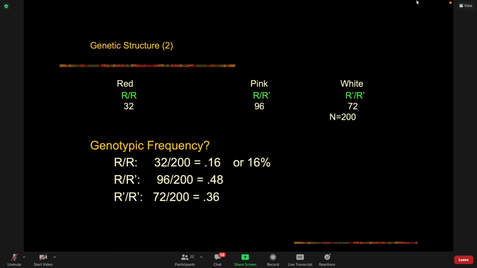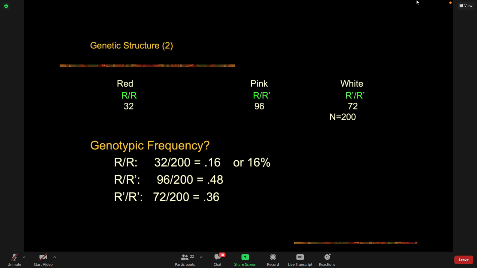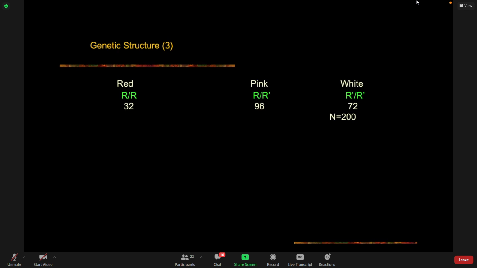I'm starting here because we're going to get more complicated as we go on. And once again, these add up to 1 when they're in decimal form. Even this genotypic frequency is a little bit more useful, but there's something even better, which is called the allele frequency.